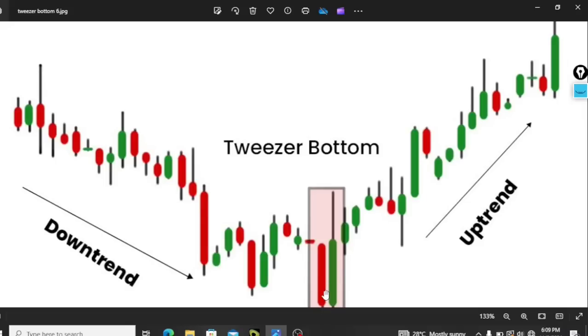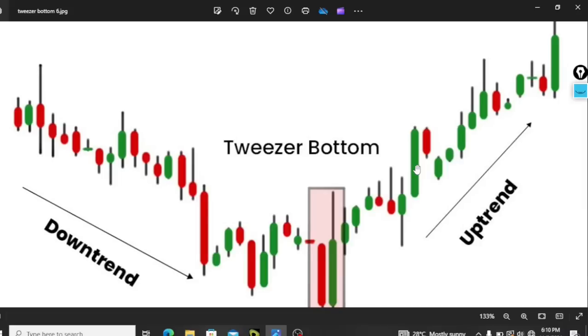Wherever you see it and whenever you see it, it is time to buy. It is time to go long on a trade. Anywhere it appears, just know that it is time to begin to buy. Just watch the two candles that is called the tweezer bottom.